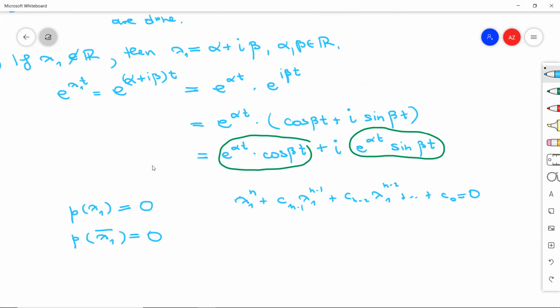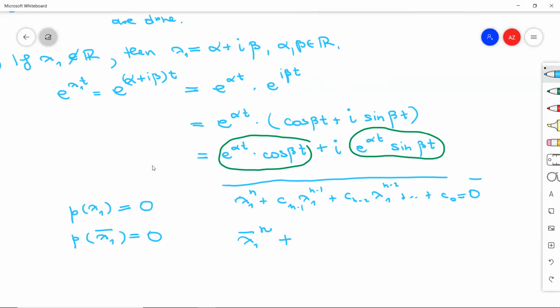If I conjugate both sides, what do I get on the left side? Conjugating the left side gives me lambda 1 conjugated to n, because conjugation of the product is just the product of conjugations, plus, and here what's the conjugated number of c n minus 1?